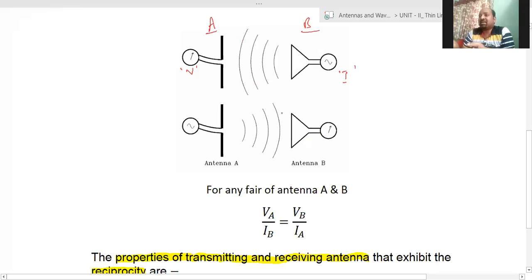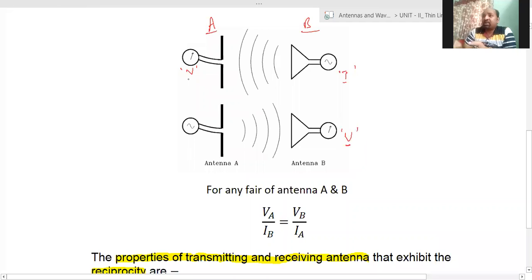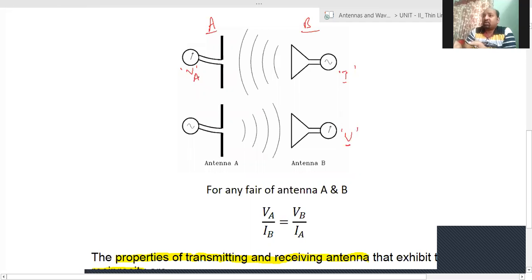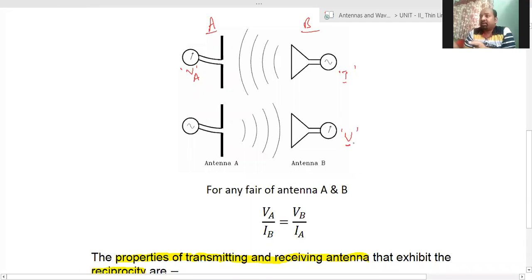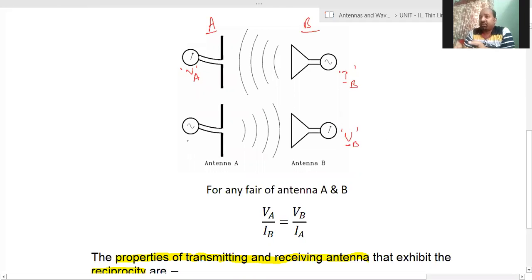If the same voltage is applied here, let us say this is VA and this is VB, this is IB, and the same current IA.